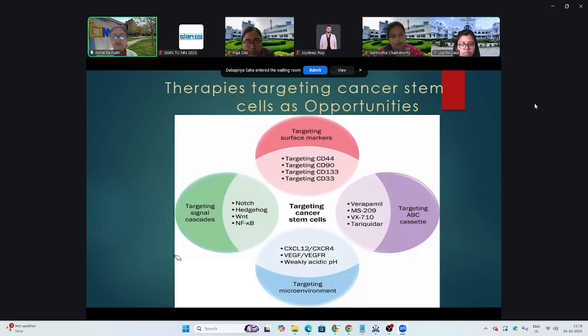Okay, so what can you do? You can target all these different signaling molecules. The CDs are surface molecules, so you can target surface molecules if you find them. And you can target this transporting cassette if you know that it has that particular aberration.